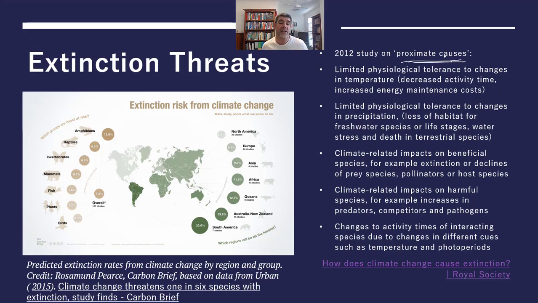The first one is related to temperature, so the limitations in physiological tolerance as the temperature changes. So this can change activity time, it can increase energy maintenance costs, it's about whether or not organisms are endotherms or ectotherms, whether they rely on the external environment to help create heat in their bodies or to transfer heat, or whether they're able to generate that heat internally, such as mammals are.